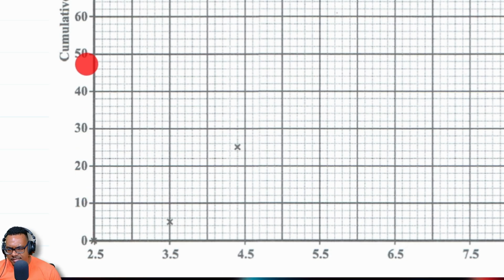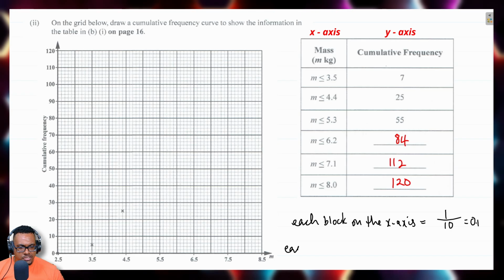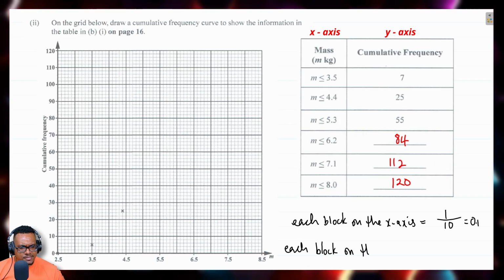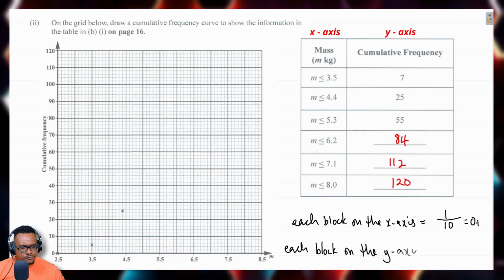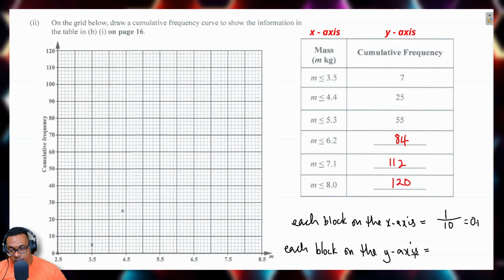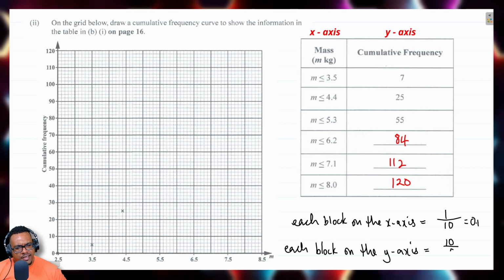Now on the y-axis, we are going up by 10 units, and the number of blocks is 5. So each block on the y-axis is equal to the unit, which is 10, over the number of blocks, which is 5, and that will be 2.